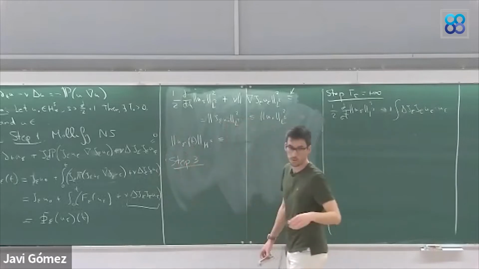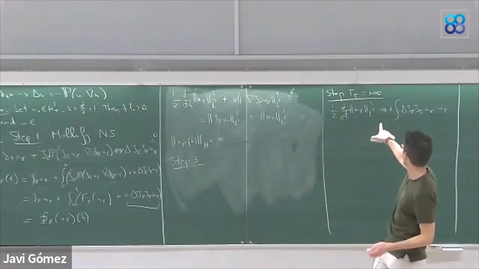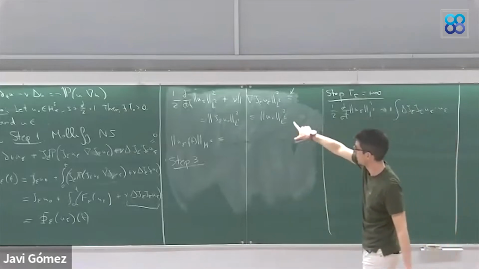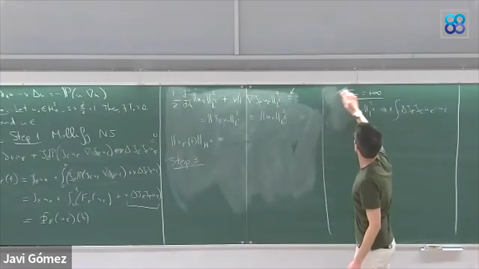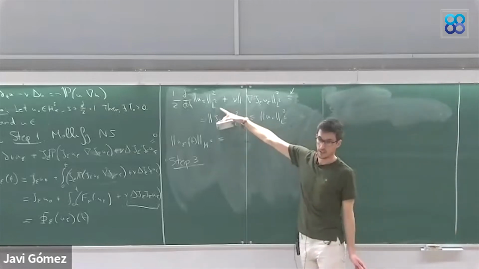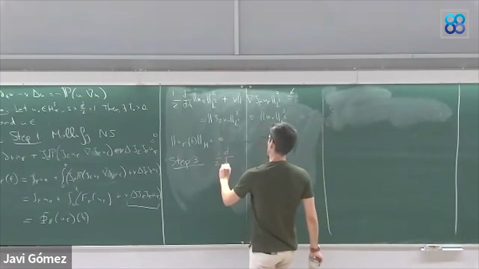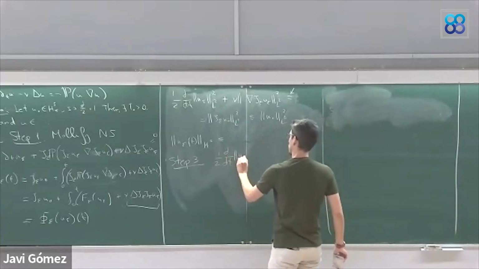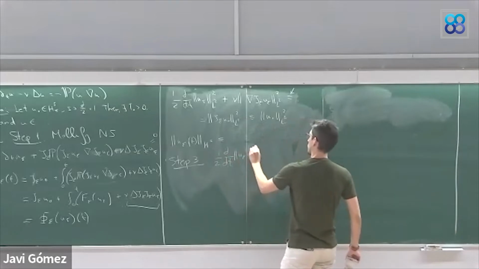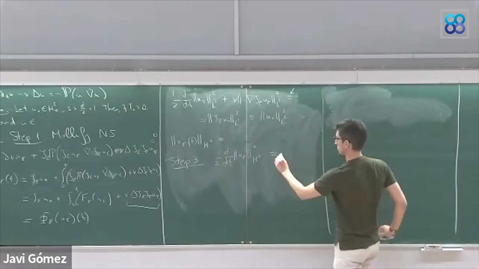It's in step 3 when we want to obtain uniform bounds in epsilon. And for that, we have on one hand the L2 energy inequality. Now we have to do the same one in HS. And from the other day, I copy what we obtained.